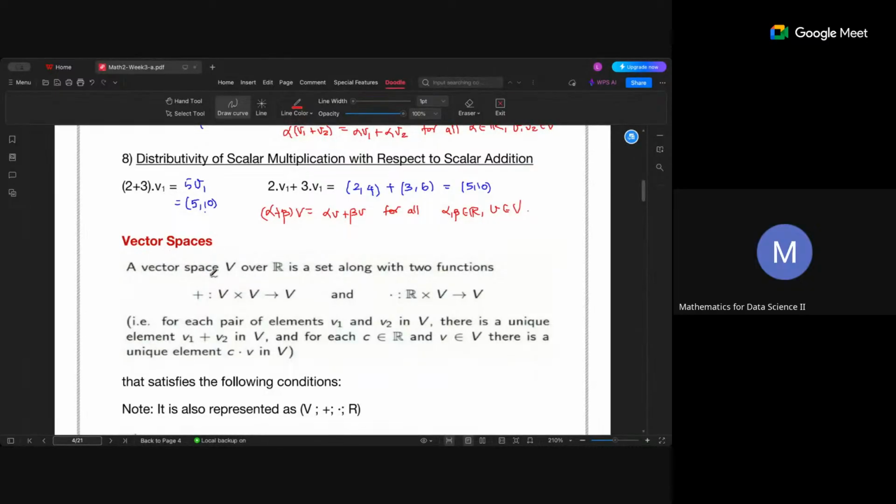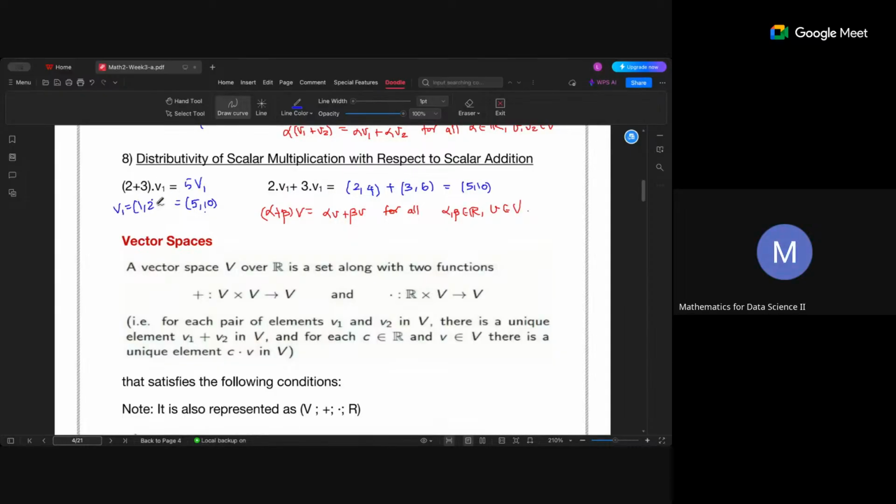Ma'am, I have a doubt. Ma'am, 2 plus 3 times V1 is (5, 0). Then how did it become (5, 10)? It looks like 0. I am sorry for my poor handwriting. It is V1. Oh, okay. So in the below line, it is written as 10 or something else? It's V1, yes.